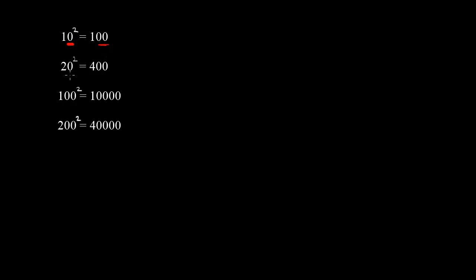Similarly 20 has one zero, but its square which is 400 has two zeros. 100 has two zeros, but its square which is 10,000 has four zeros. Similarly 200 has two zeros and its square which is 40,000 has four zeros. So I can say that if you square a number which is a multiple of 10, the square will have double the number of zeros.